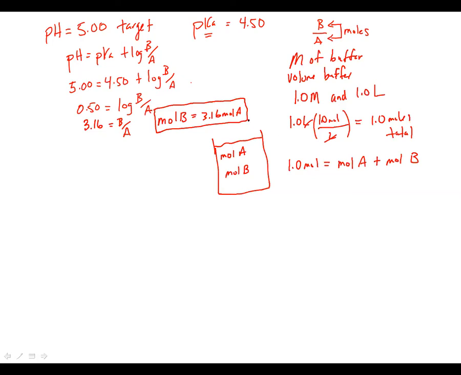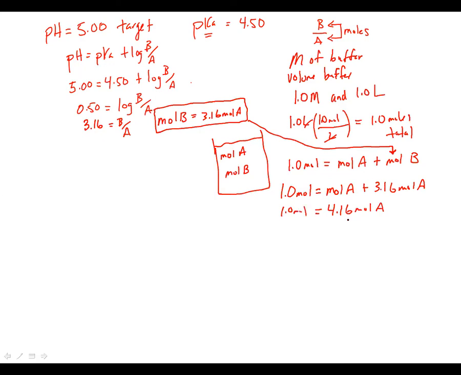And if we substitute that in to here, that would give us that the 1 total moles would be the moles of acid plus 3.16 moles of acid, which should technically give us 4.16 moles of acid when we add it together. This is 1 plus 3.16 equals 1 mole total.